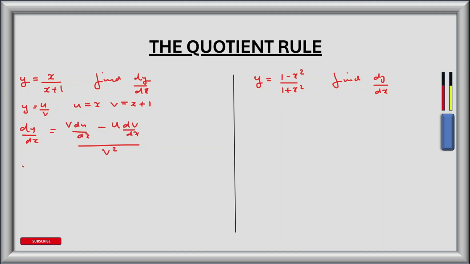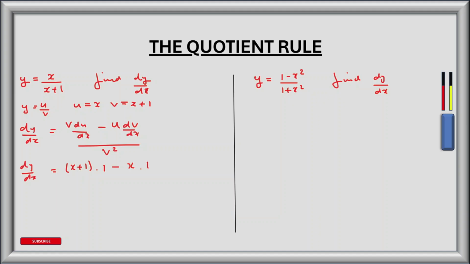So dy by dx in our case is equal to v, which is x plus 1, multiplied by du by dx, where u is equal to x. So du by dx is equal to 1, minus u, which is x, times dv by dx, where v is equal to x plus 1. So dv by dx is equal to 1.